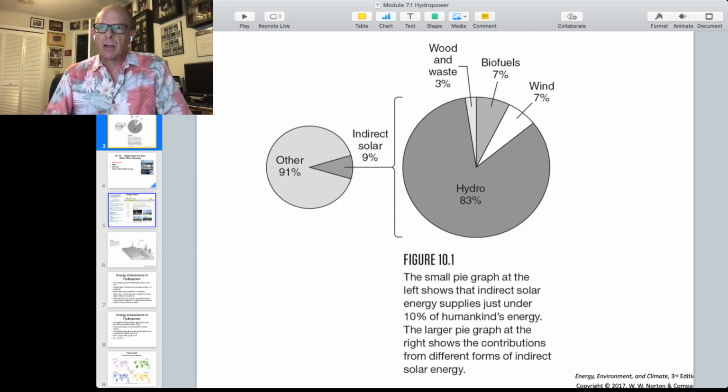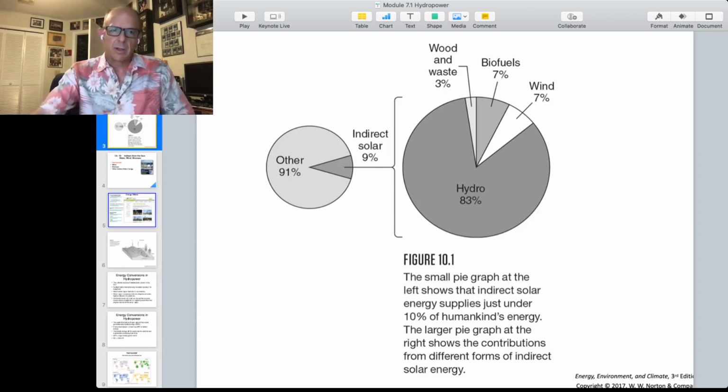So this chart shows the total energy supplies used by people. About 9% of human energy comes from indirect solar, and 83% of that 9% is in the form of hydropower, and the rest is wind, which we'll also talk about, and biofuels, which I would include wood and waste in.